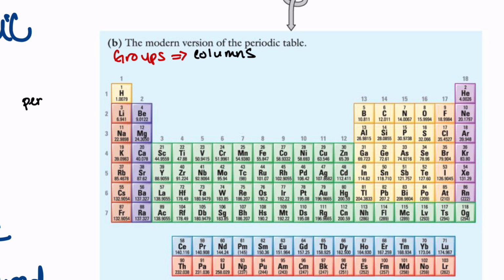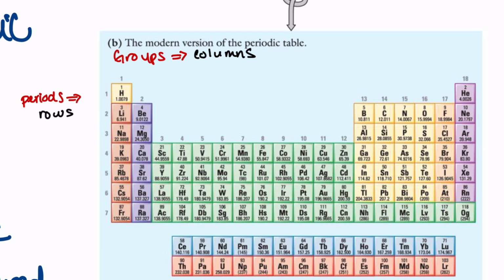So periods are going to be the rows. All right, so you can see that the groups are numbered 1 through 18 across the top, and the periods are numbered 1 through 7 down the side.